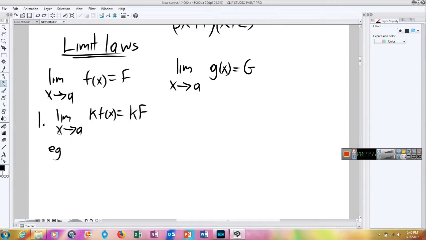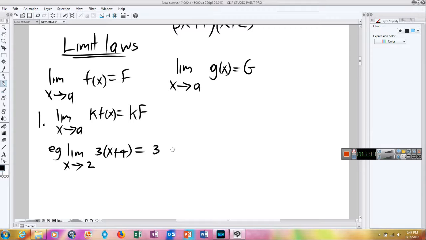So as an example, we have a limit. The limit as x tends to 2 for a function 3 times x plus 4, and x plus 4 is f of x.